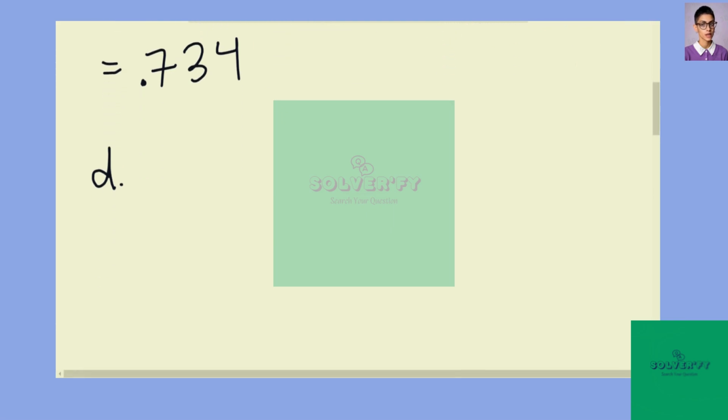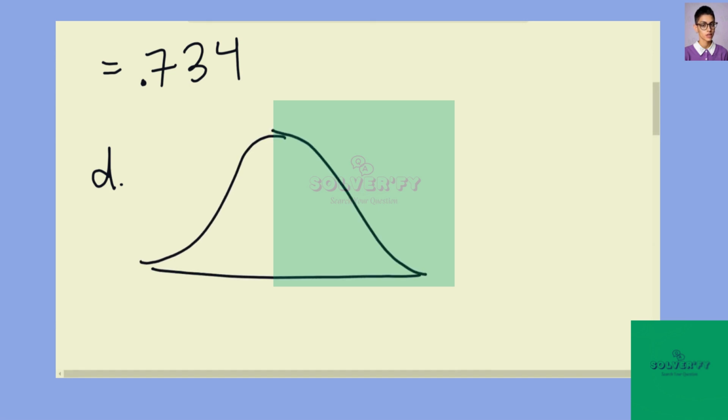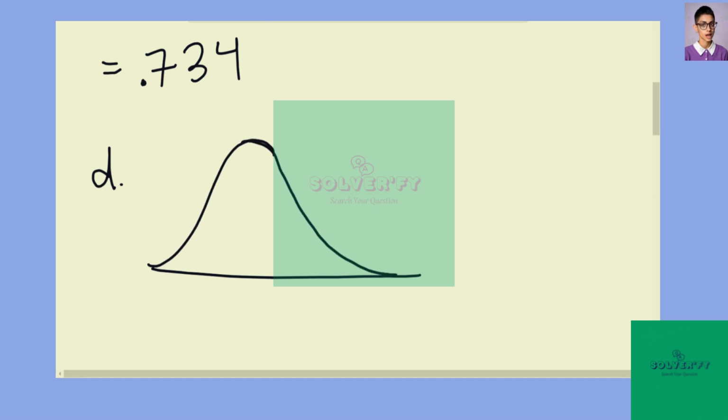So now we need to make our decision. So let's draw it out. We have a normal plot with a mean of 0 and a standard deviation of 1.